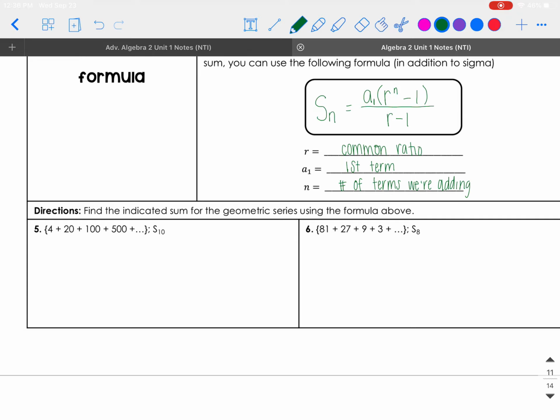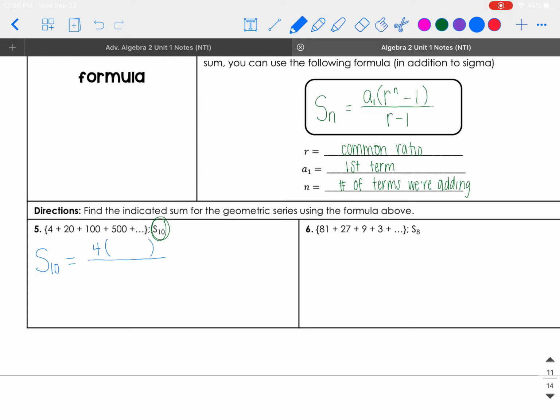All right, so that formula. We're asked to find the sum of the first 10 terms. So I'm going to find S sub 10. A1, that's my first term, which is 4.